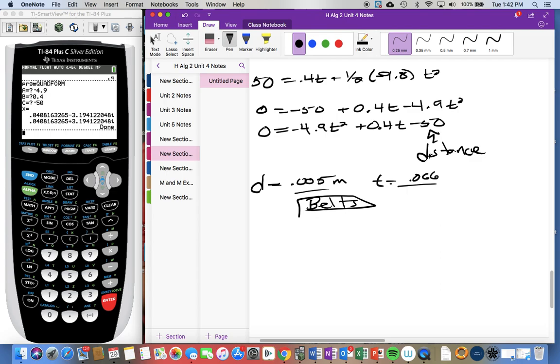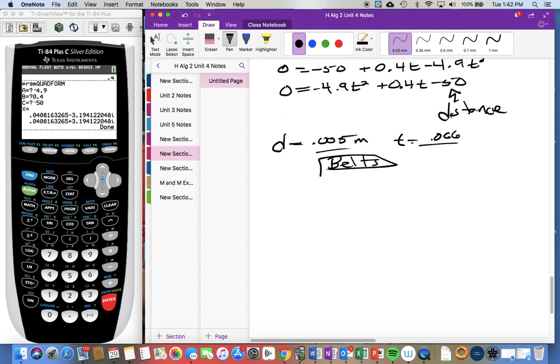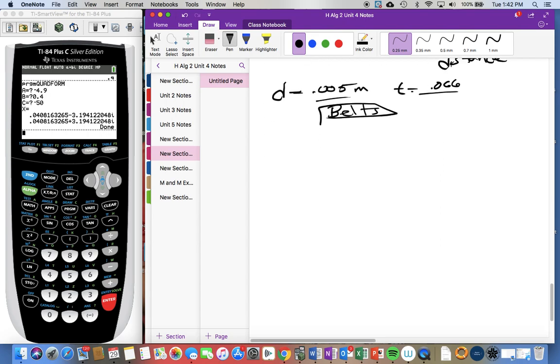Some other possible scenarios, let's say your graph was going pretty quick. Let's say you were going about 98 meters per second at the end of your ride. Now keep in mind, you're going to have to factor in friction.